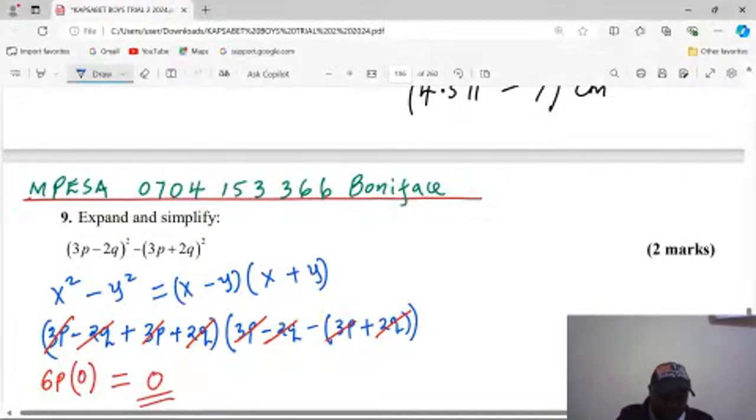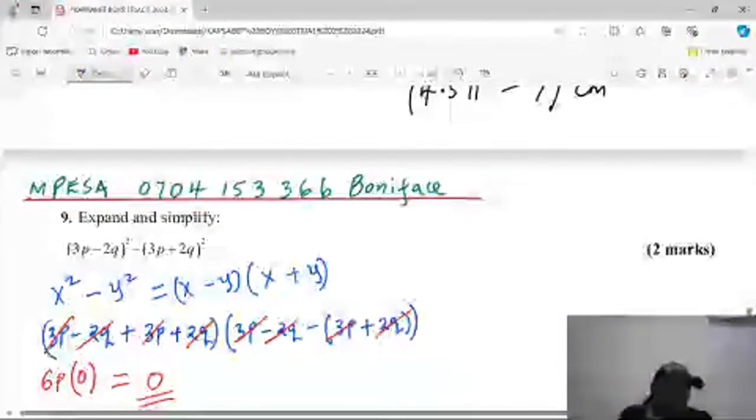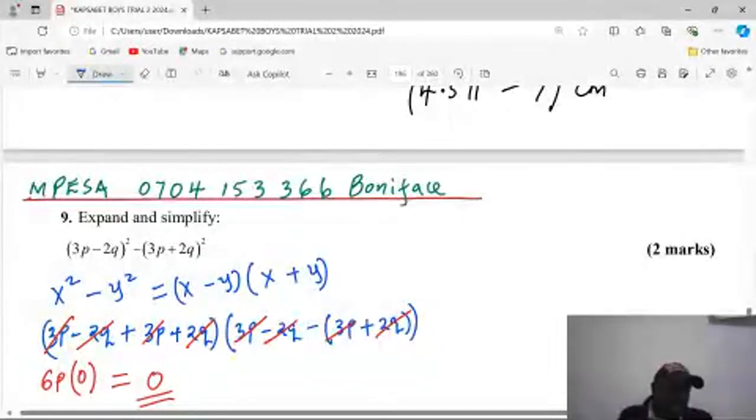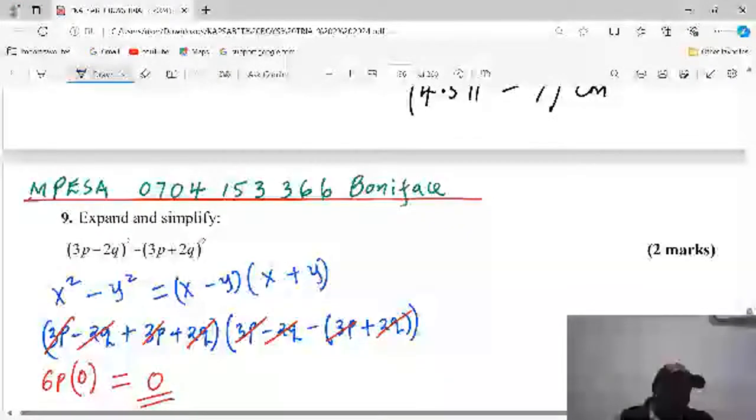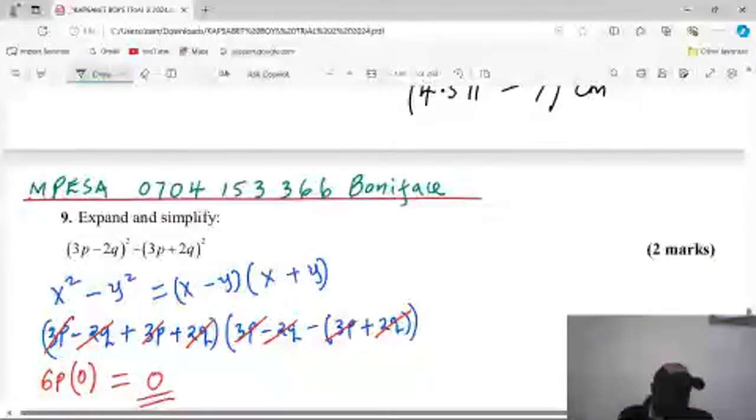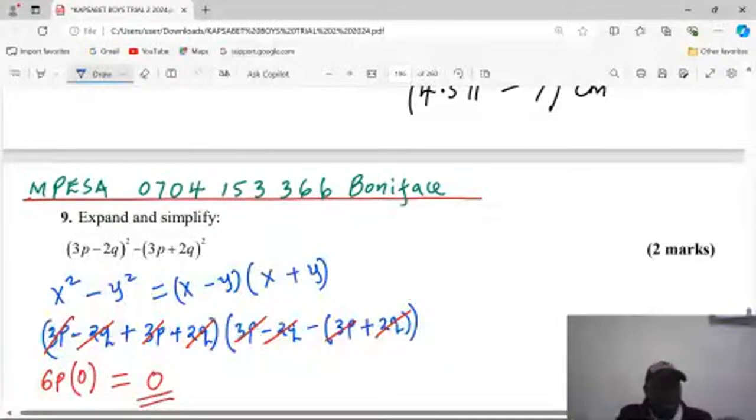Thank you so much from Machako School. Greetings from Mishak. This is from South Boys High School. Greetings to Mr. Yuma Rogers. Wilson from Baringo Boys. Thank you.